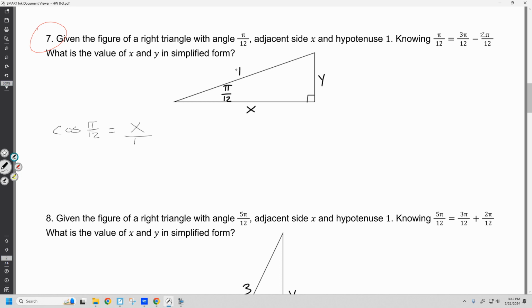What if the hypotenuse wasn't 1? What if it was 2? Okay, this becomes 2, which means you'd have to double the cosine of your angle to get x. The whole scaling idea of things. Similarity in triangles, so important. And the scaling, so important.